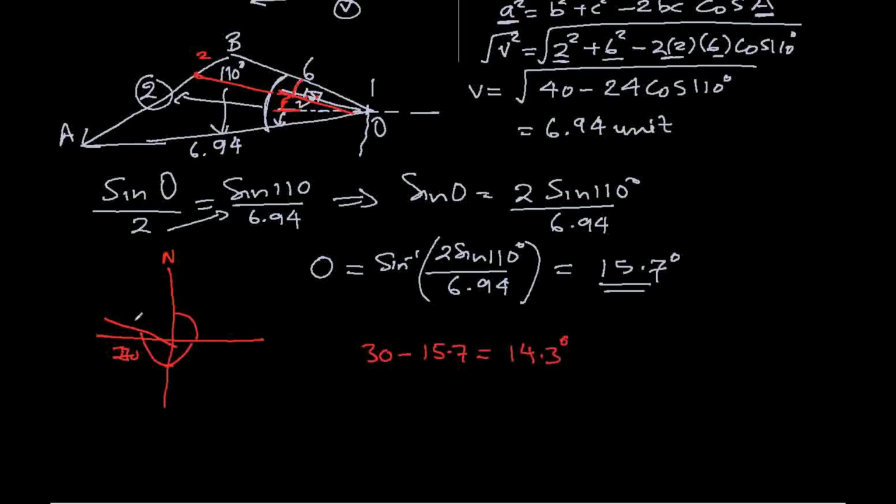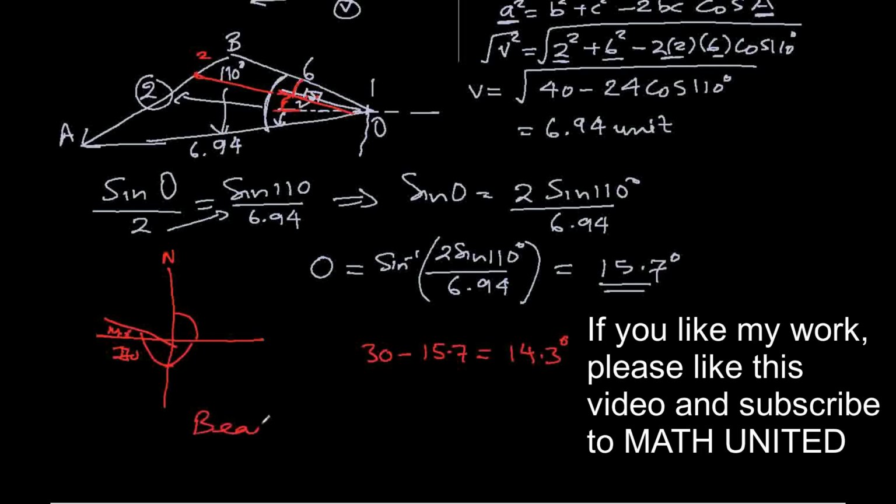This angle here is 14.3. So the bearing of V is 270 plus 14.3. That comes out to be 284.3 degrees bearing. This is the bearing.